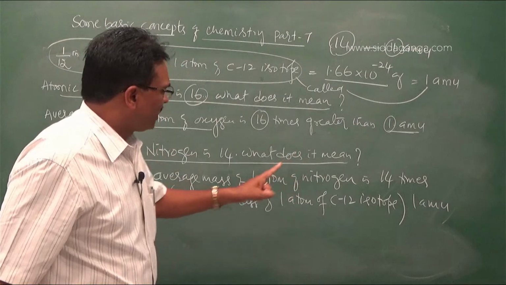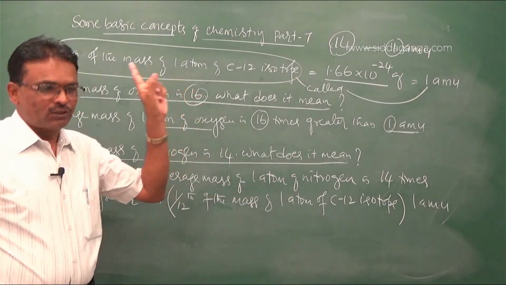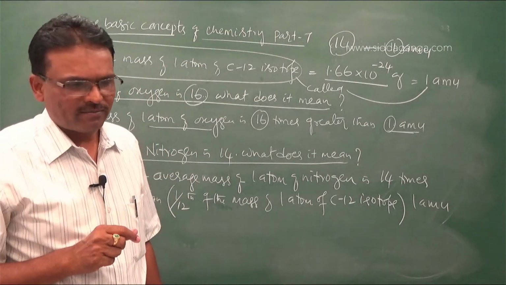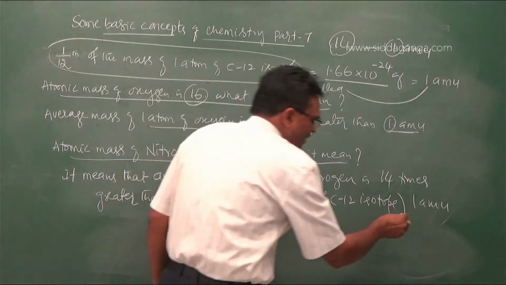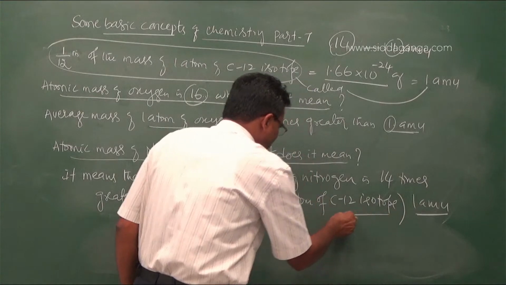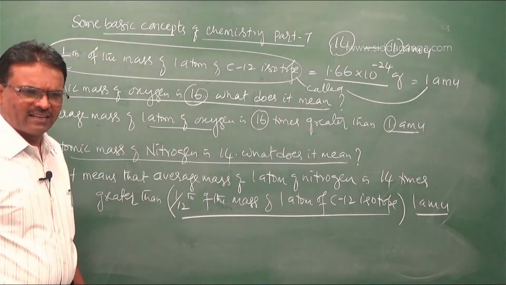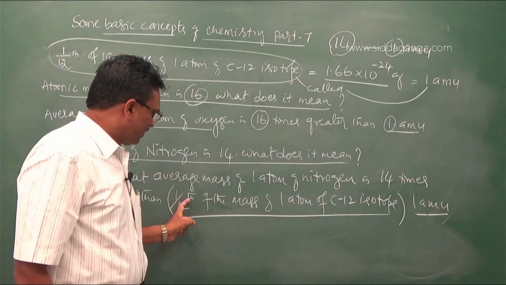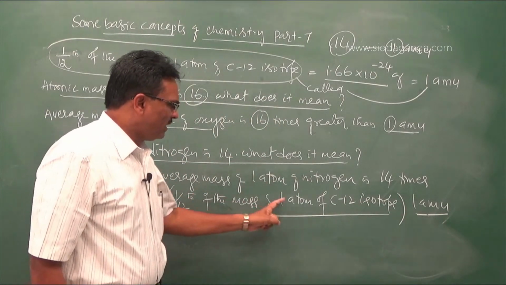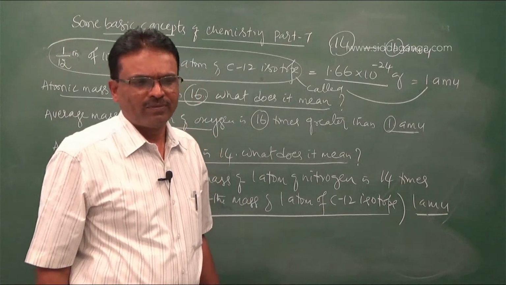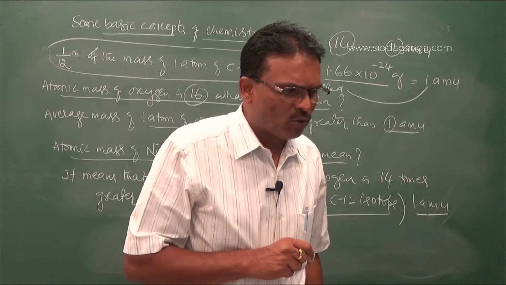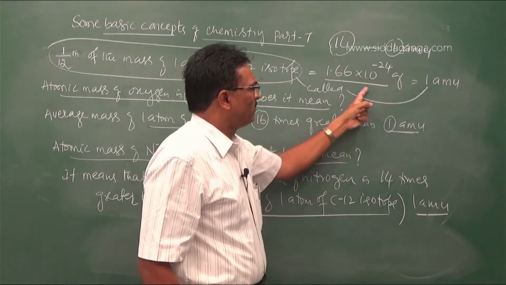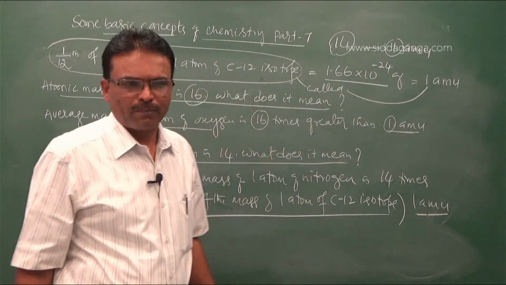The average mass of one atom of nitrogen is 14 times greater than one atomic mass unit. So 1 AMU means 1/12 of the mass of one atom of carbon-12 isotope. What is the value of 1 AMU? 1 AMU means 1.66 into 10 power minus 24 gram.